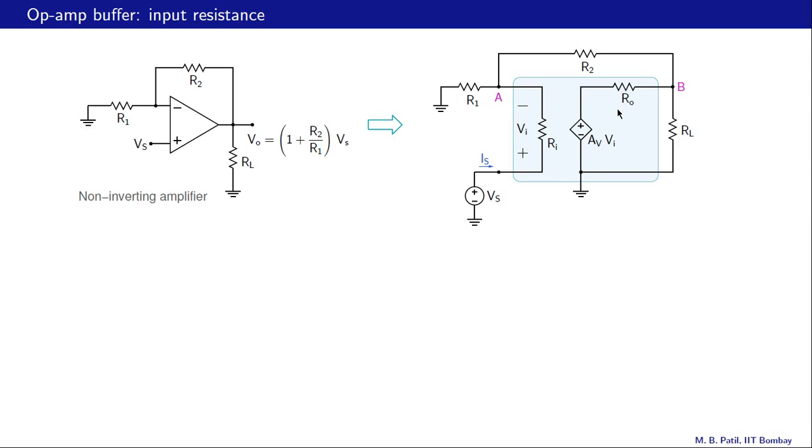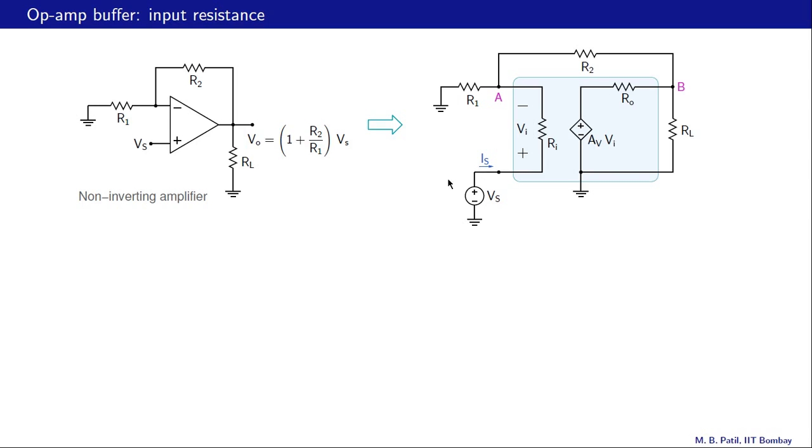And to obtain the input resistance, what we do is apply a voltage source Vs here, find this current Is, and then the input resistance of the non-inverting amplifier, as seen from here, will be Vs divided by Is. To get Vs over Is, there may be different ways of doing this.